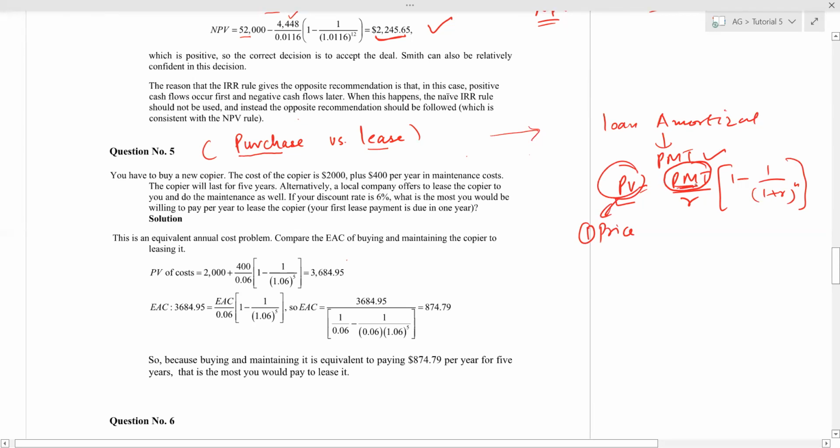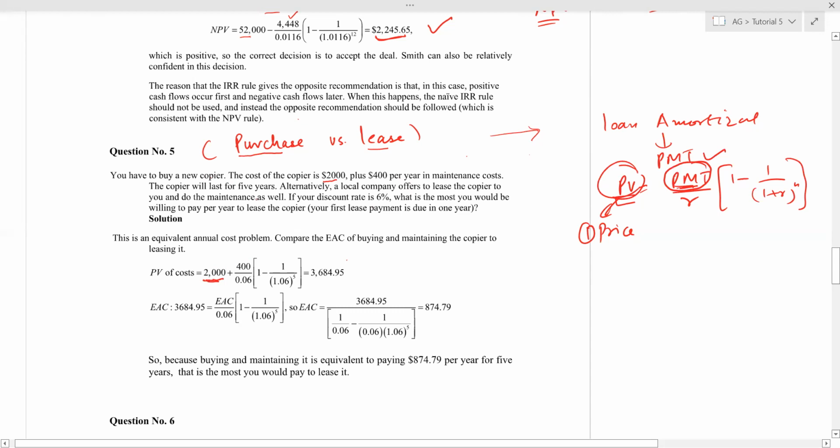Okay, so for this question, you will see that first it is giving you the information of PV. So you have to buy a new copier. The cost of the copier is 2000 plus 400 per year in maintenance cost. So you will incur 2000 upfront plus 400 per year in maintenance cost.